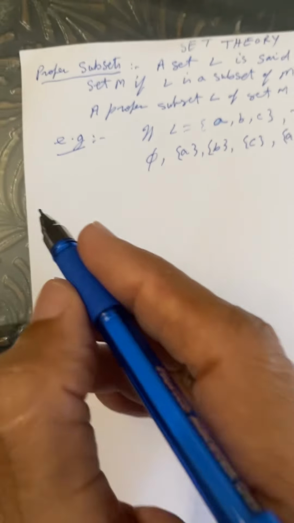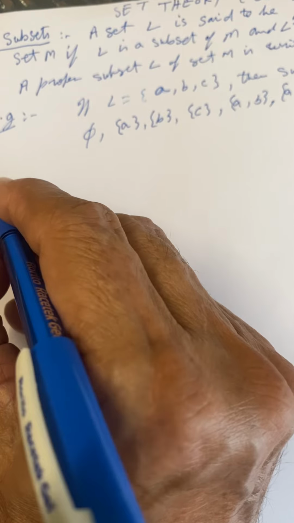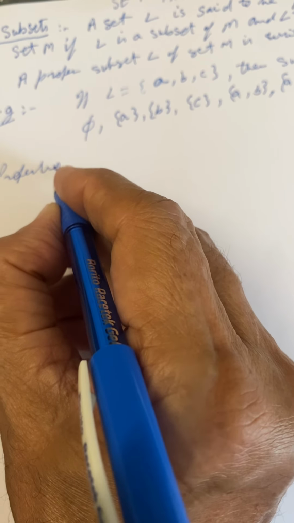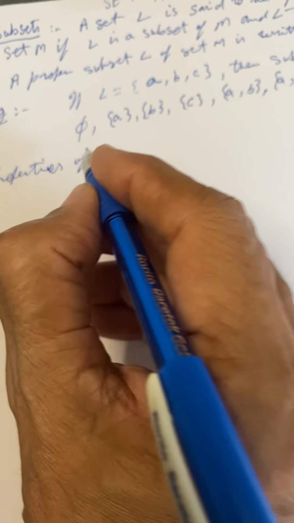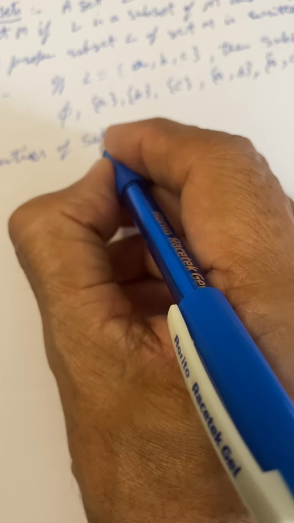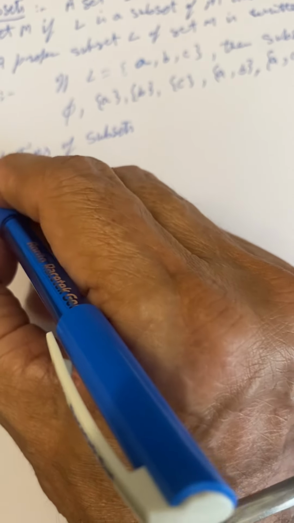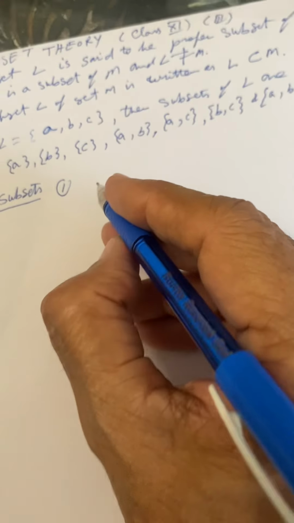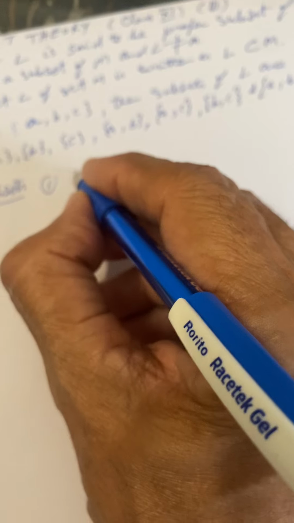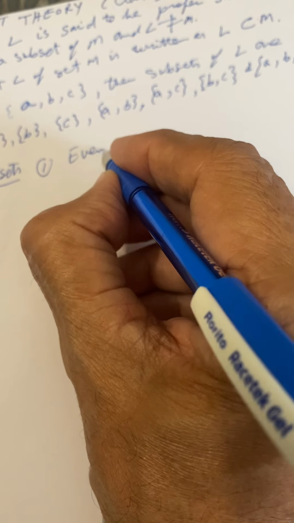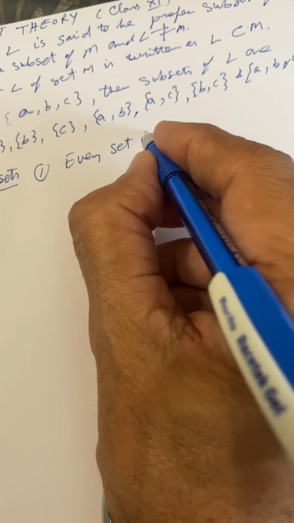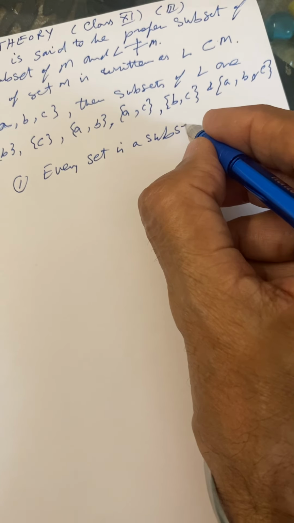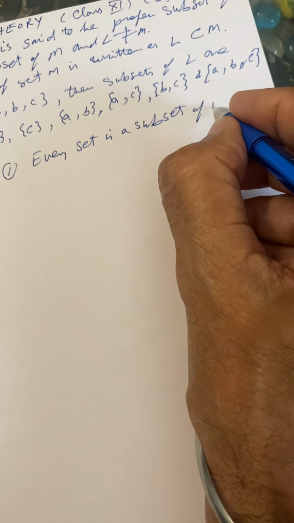Next, we are taking properties of subsets. First, every set is a subset of itself.